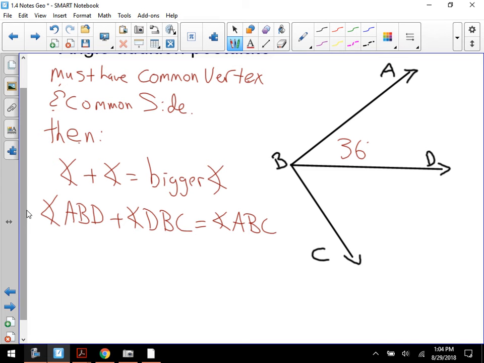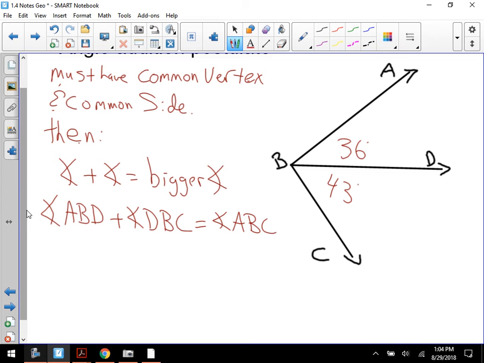If this one's 36 degrees and this one is 43 degrees, again, you can't assume that. You want to make an angle side out of yourself. Do you know if it was a 90-degree angle, what would you see? Yeah, exactly.